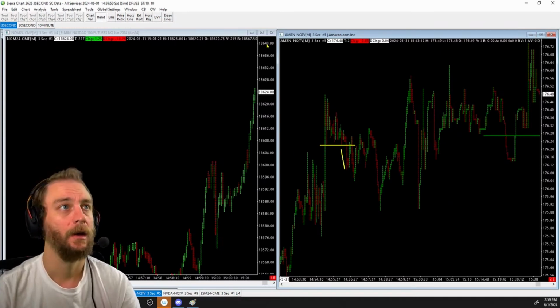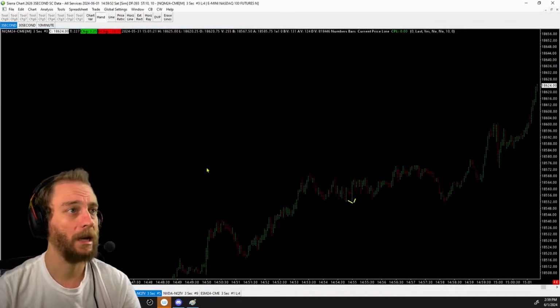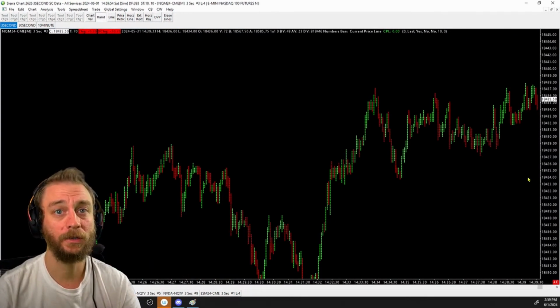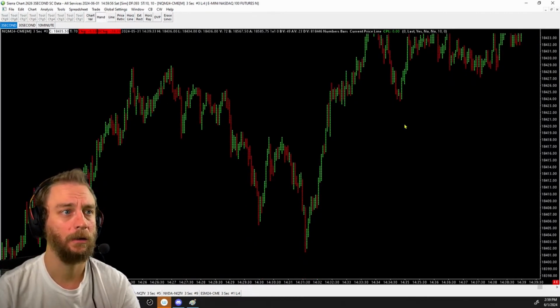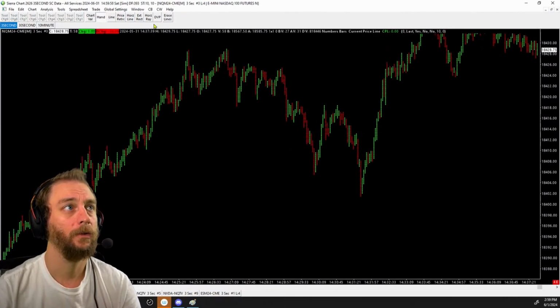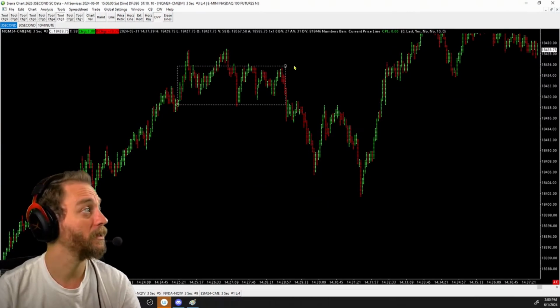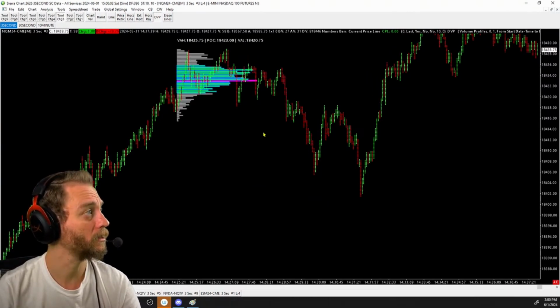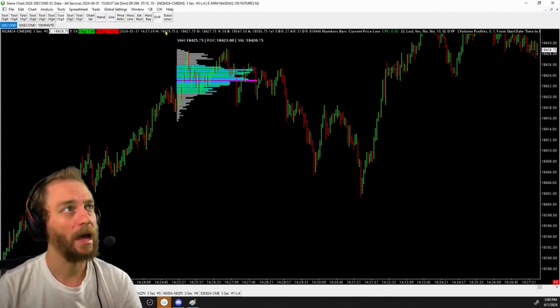Like if we look at NQ again, let's scroll to some random area. You know, look right here. This is a small auction process, right? So as this is forming, yeah, you could have sold it up here.